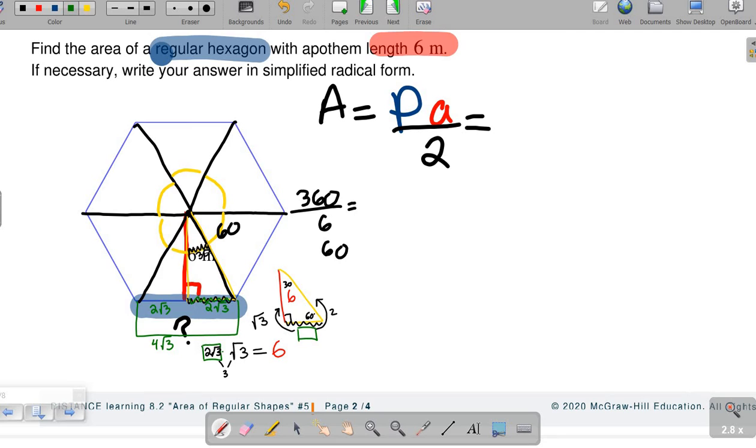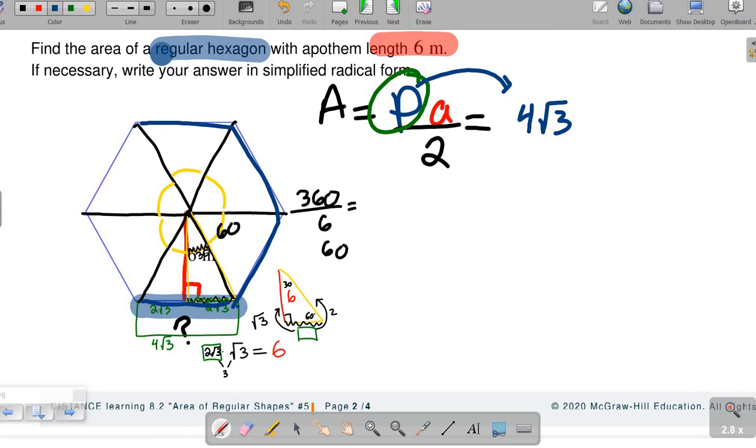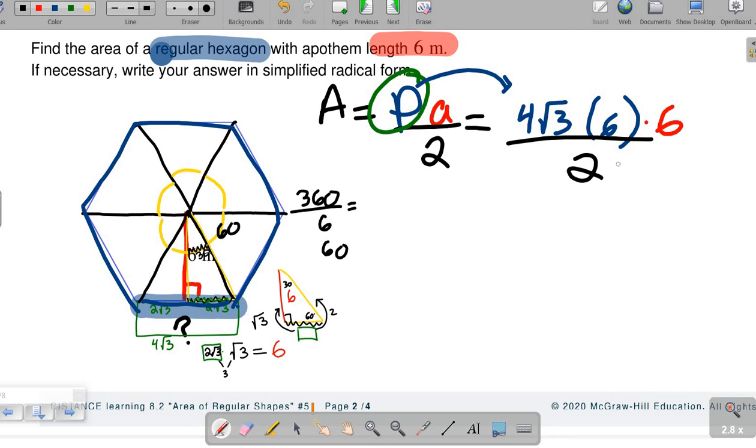So now we come up here and our perimeter, our P, is going to be 4 root 3, that's one side, times a total of 6. 4 root 3 times 6. All of that is our perimeter, times our apothem, which is 6, over 2. Outies talk to outies. It doesn't matter which one you take that 2 into.